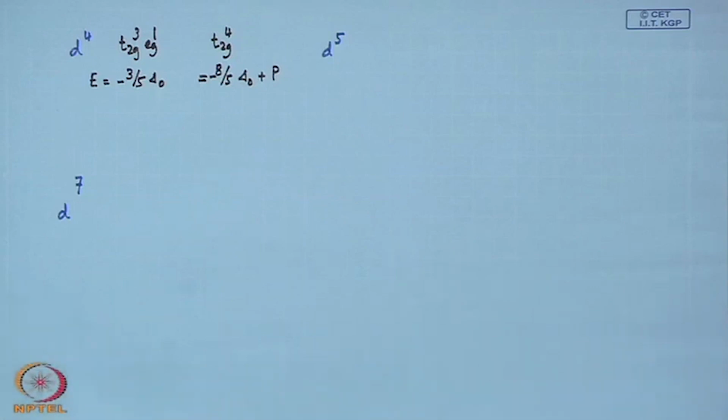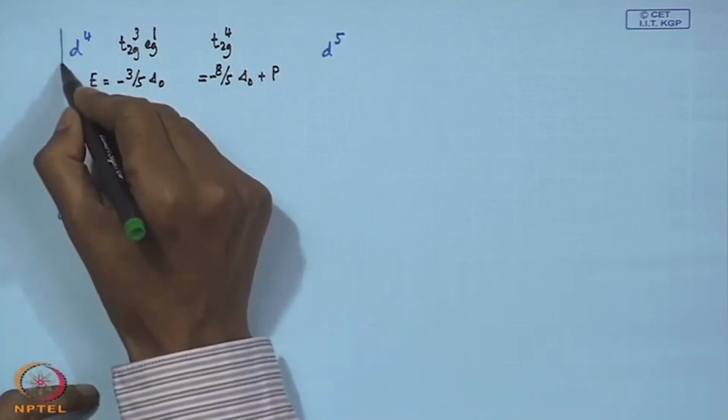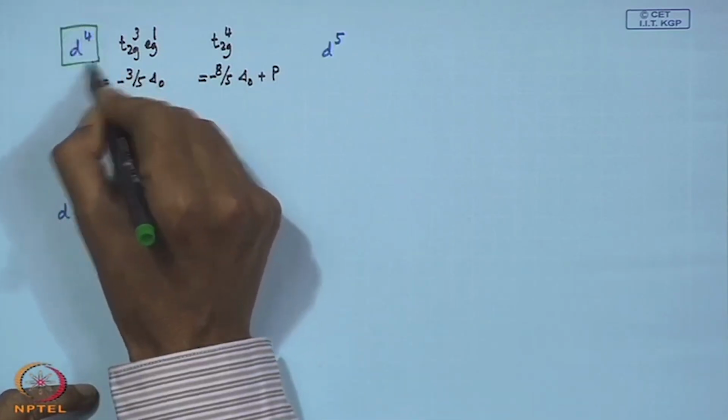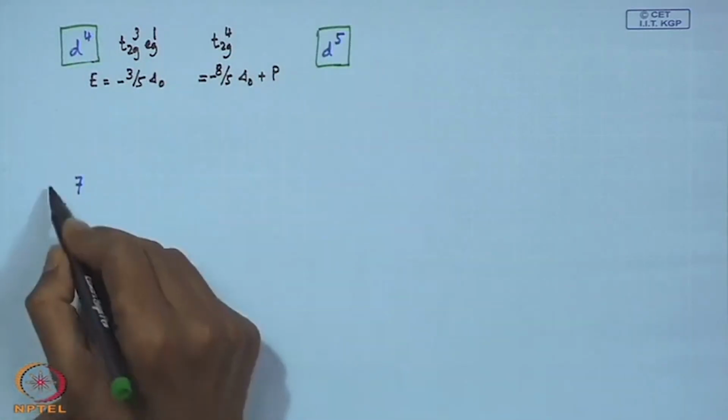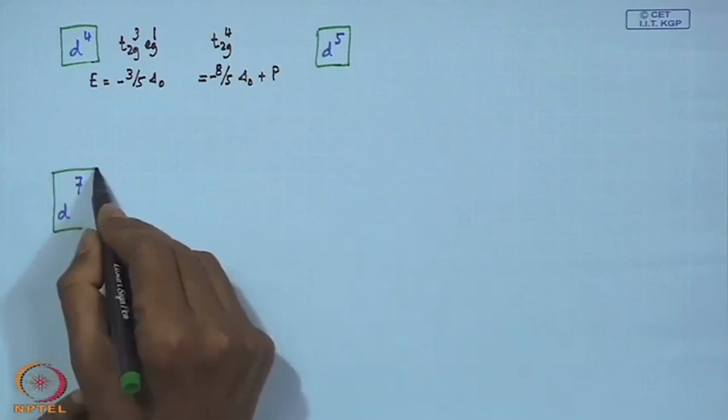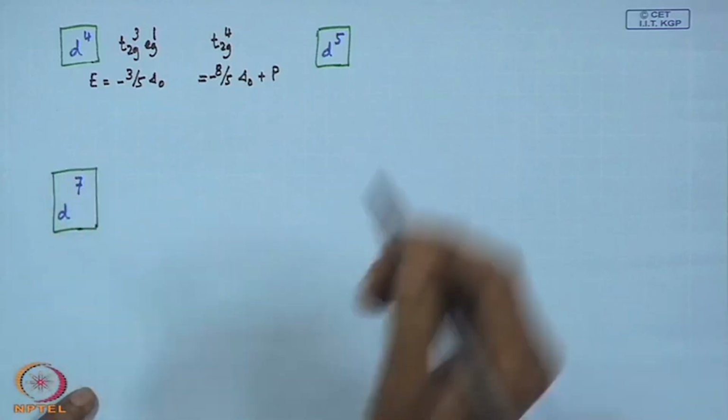Similarly, for the d5 configuration, and we'll calculate for d7 also.